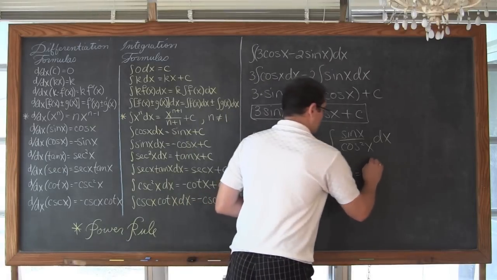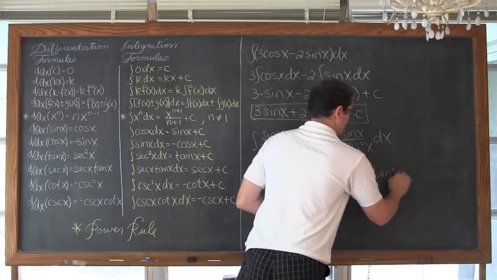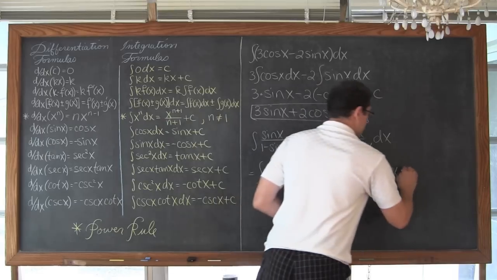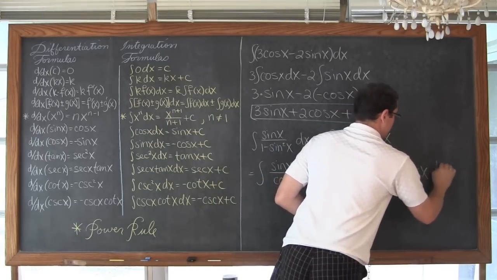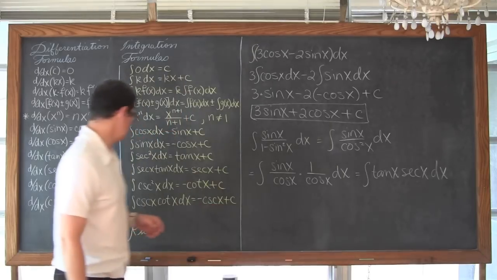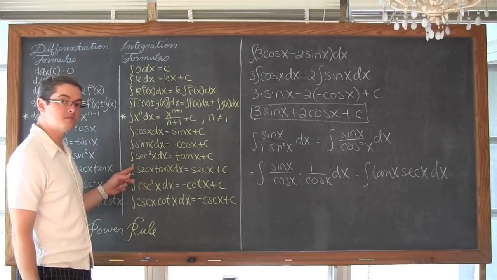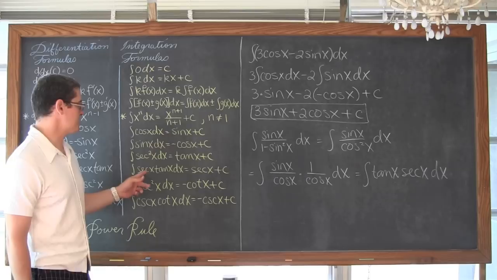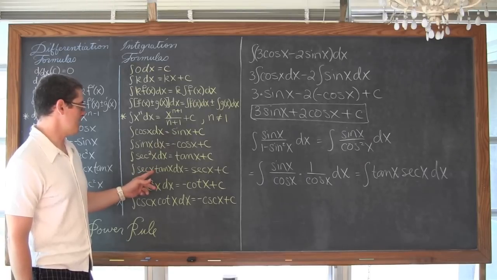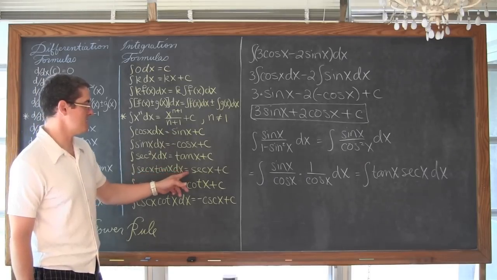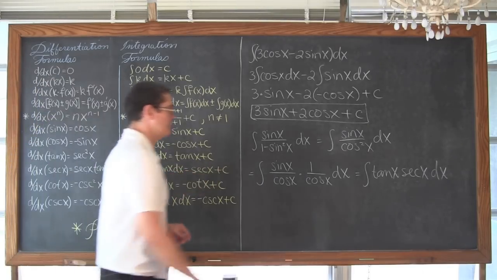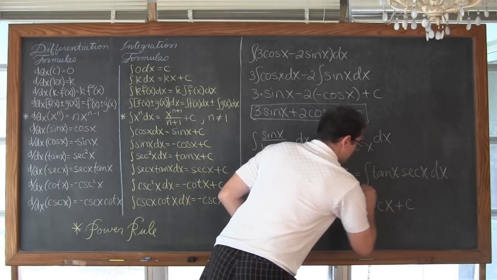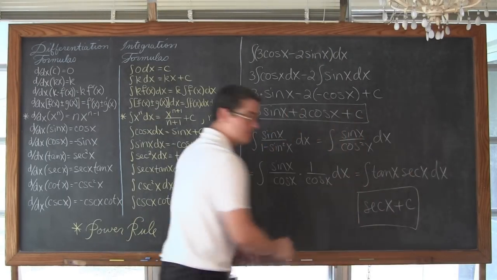So we have the integral of tangent x, and 1 over cosine is secant x, dx. And see, I've gotten it rewritten to be exactly one of these formats here. The integral of secant x times tangent x dx is equal to secant x plus c. So this is equal to secant x plus c, and I've got that problem done.